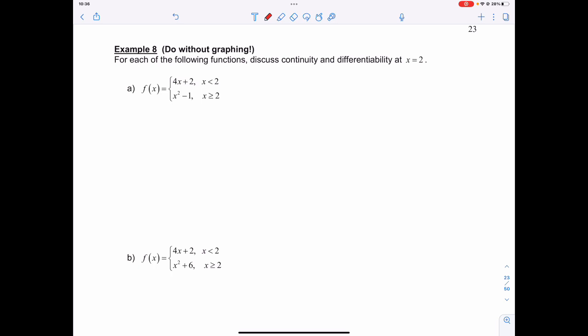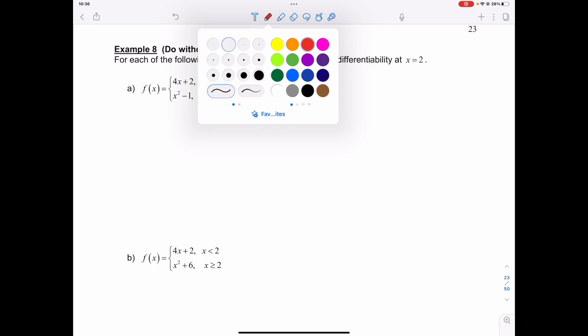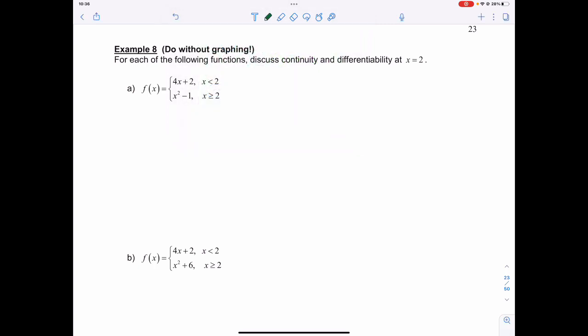For example 8, for each of the following functions, we discuss continuity and differentiability at x equal to 2. For this one, the limit as x approaches 2 from the left of 4x plus 2 is going to equal 4 times 2 plus 2, which is going to equal 10.